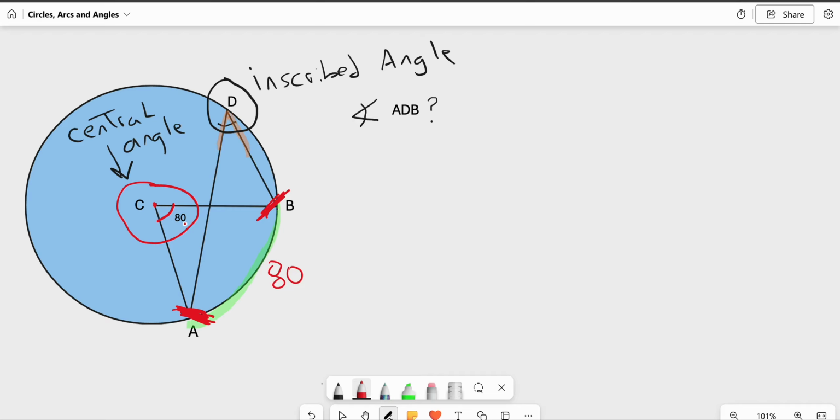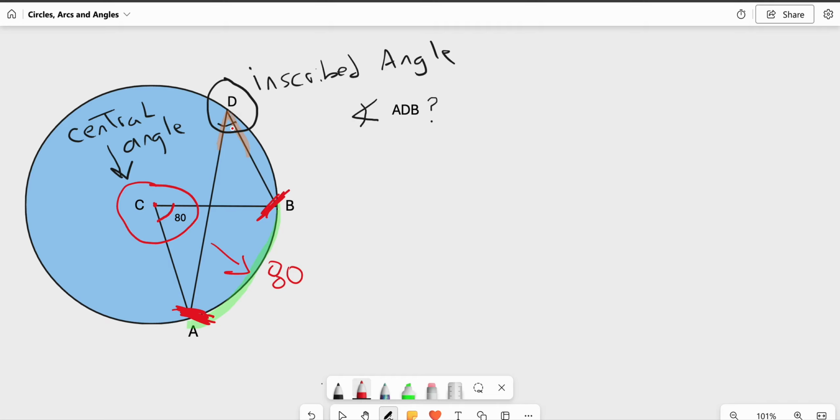So if we know that the central angle is 80, the arc is 80. Now this arc is also being intercepted by this inscribed angle, right? This arc is common to both. So by the information given here, that the central angle is 80, we were able to find this arc.